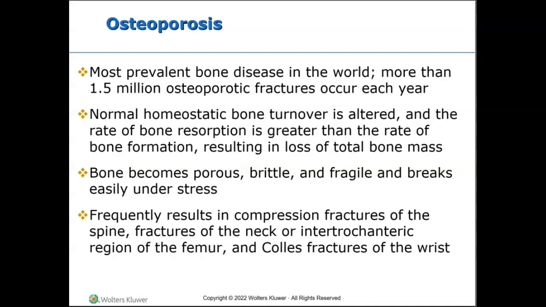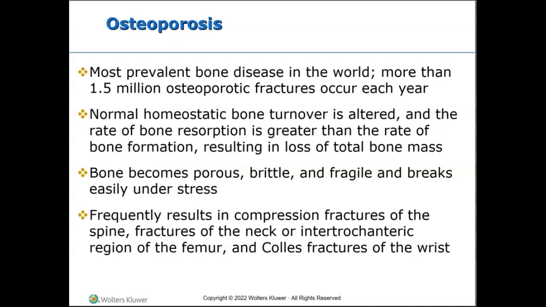While the exact medical cause for osteoporosis isn't known, we know there are a lot of factors that contribute to osteoporosis, including aging. A sedentary lifestyle, so patients who have a lack of physical activity tend to have a greater occurrence of osteoporosis.